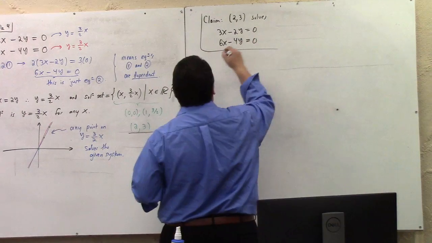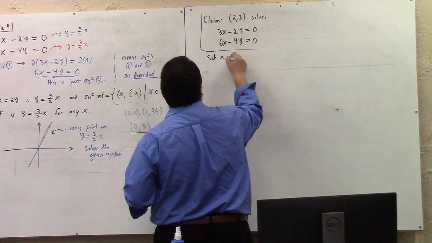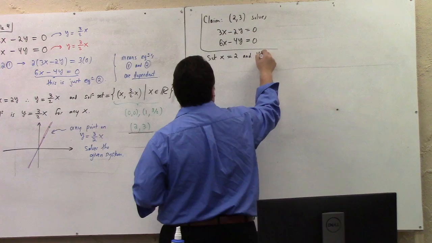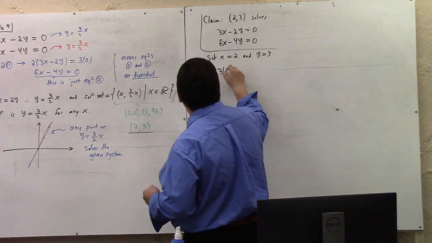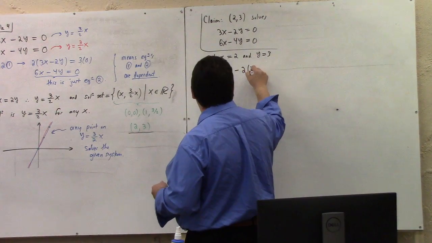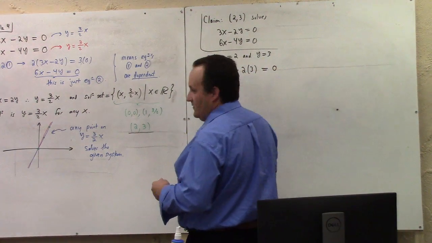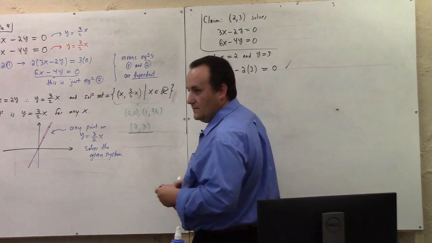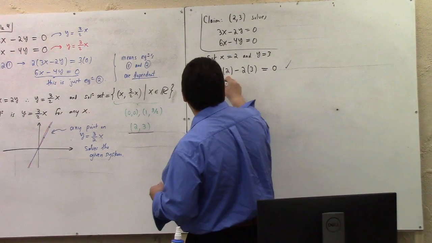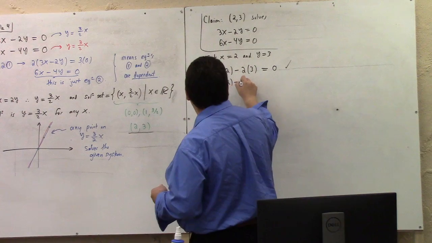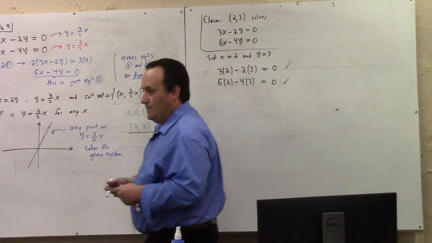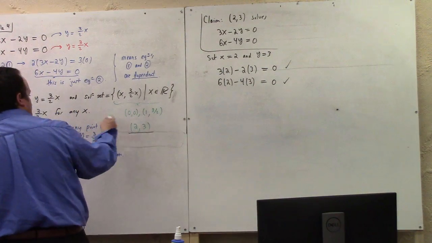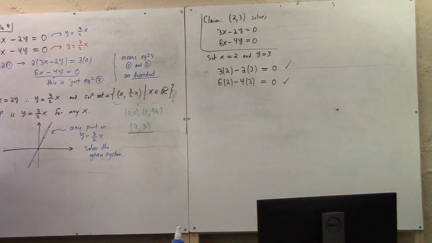We set x equals 2 and y equals 3 and plug it in. So 3 times 2 minus 2 times 3 is equal to 0. Check. And 6 times 2 minus 4 times 3 is also equal to 0. Check. So that shows that the point 2, 3 solves that system of equations.